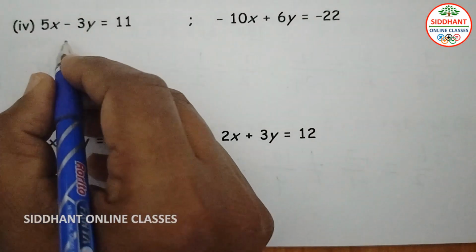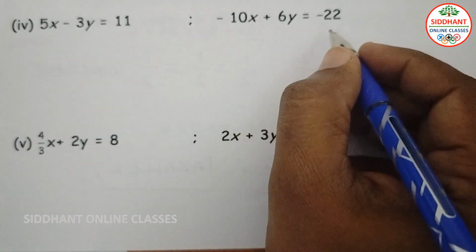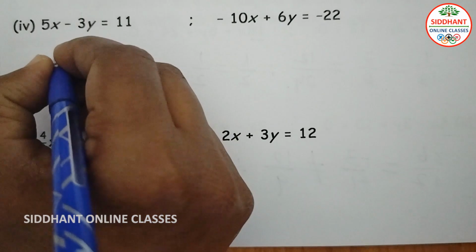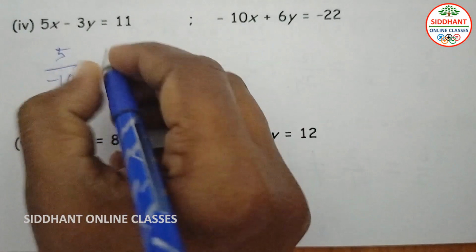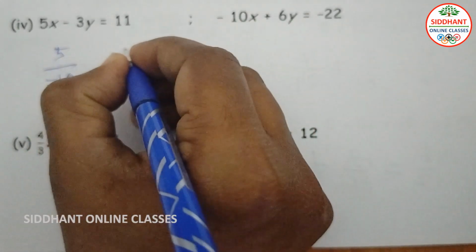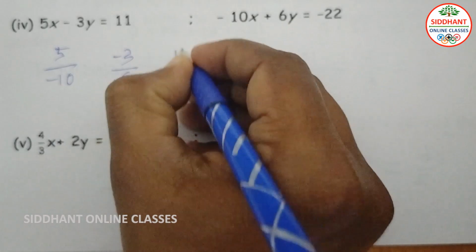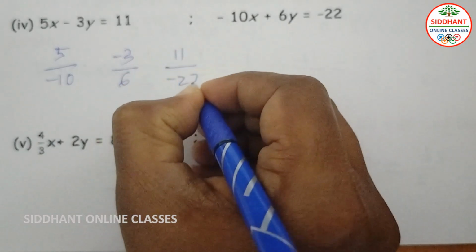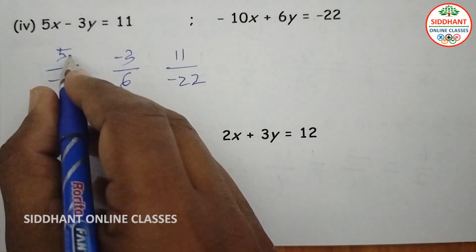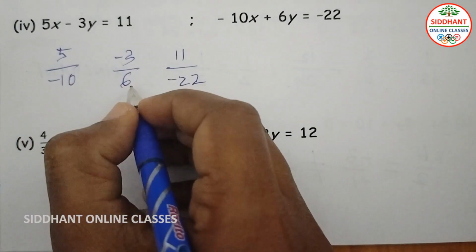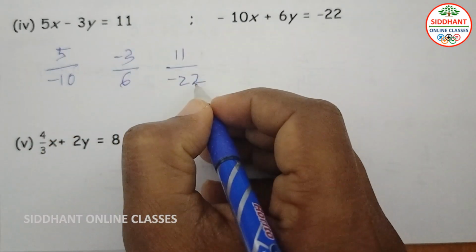Fourth one, 5x minus 3y equal to 11, minus 10x plus 6y equal to minus 22. So here a1 by a2 is 5 by minus 10, b1 by b2 is minus 3 by 6, and c1 by c2 is 11 by minus 22. Upon simplification it will be 1 by minus 2, 1 by minus 2, 1 by minus 2.